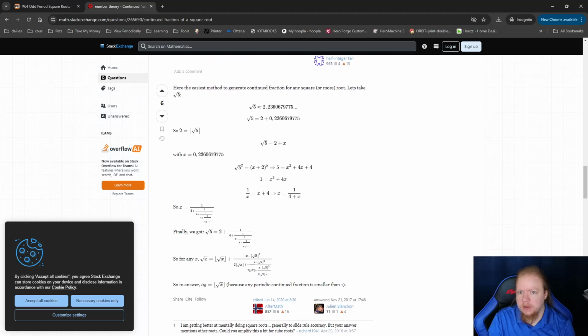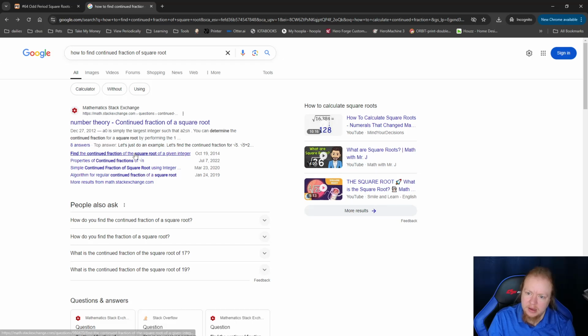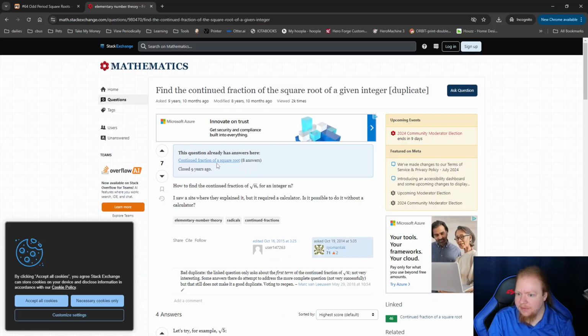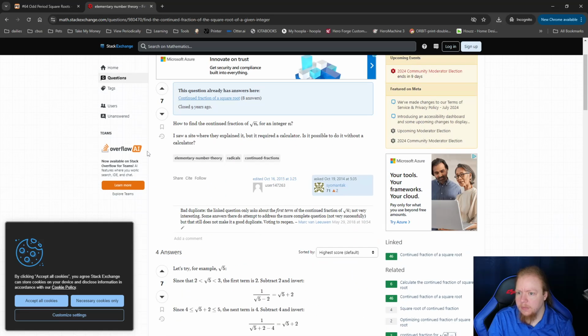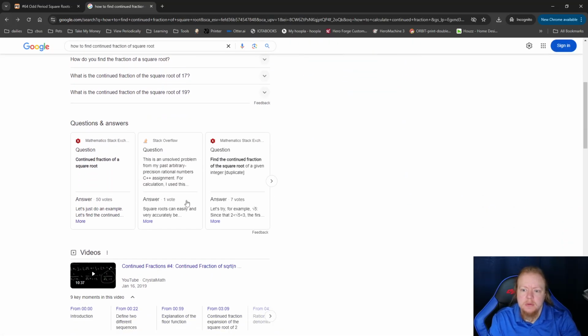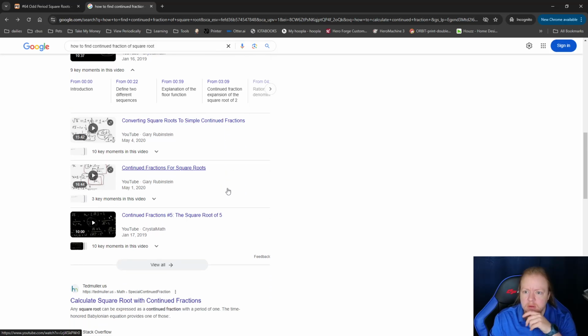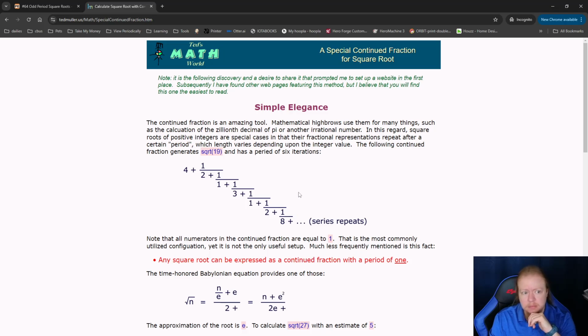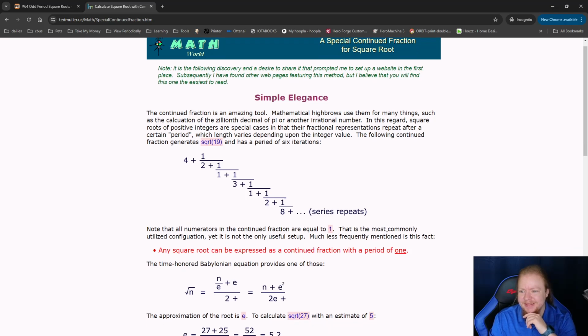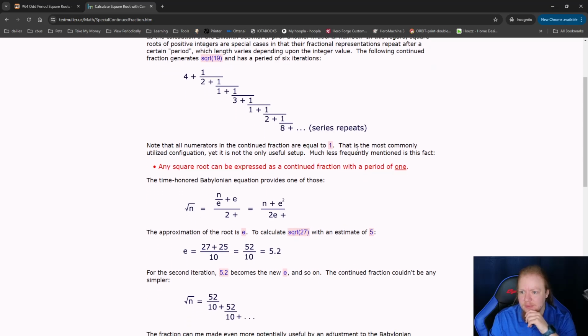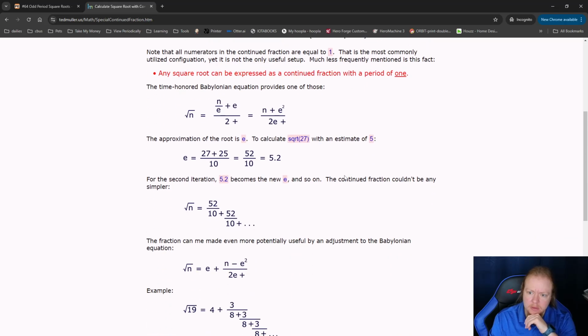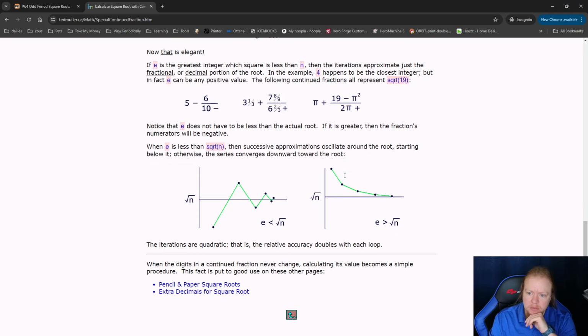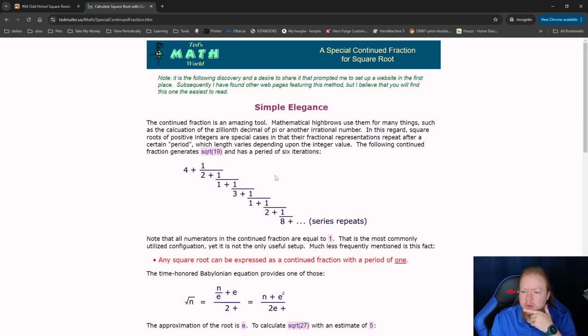So let's see if we have an easier, different one. Okay, so this one looks easier to read. Okay, this doesn't actually look helpful though.